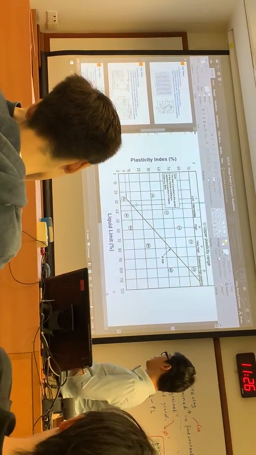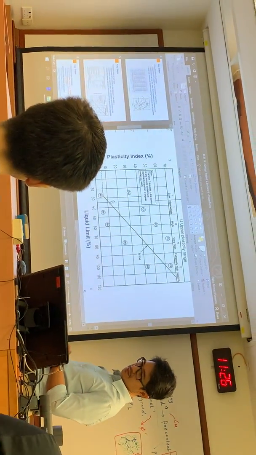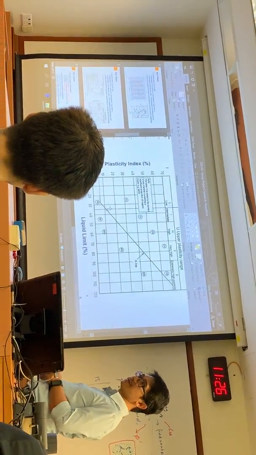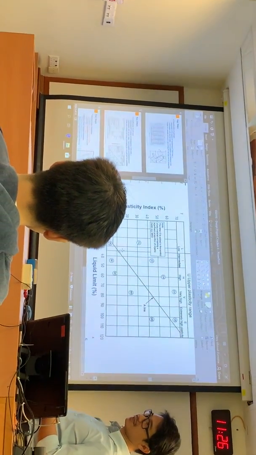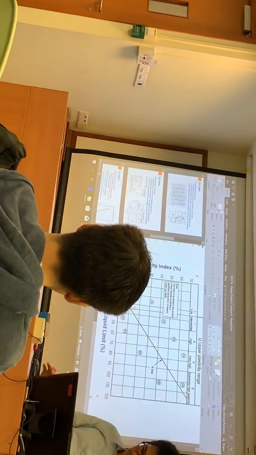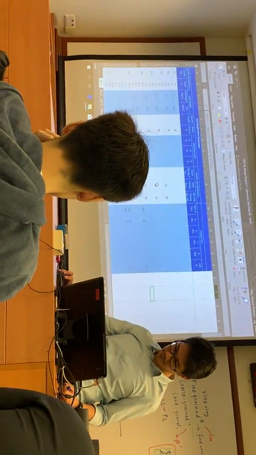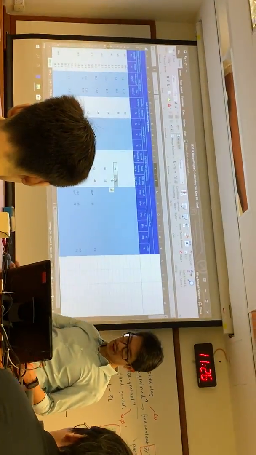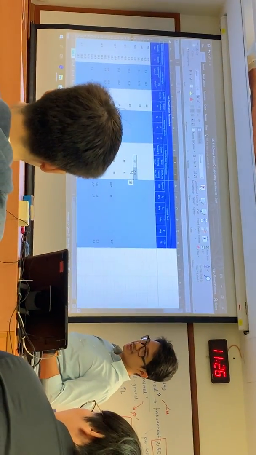So your description will be clay sand, right? Because initially from the gradation curve, this can be clay sand or silty sand, correct?